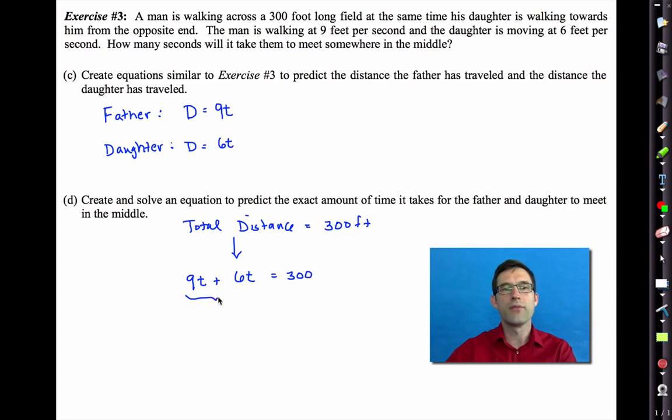If you remember a little bit from 8th grade math, 9t plus 6t, we can combine what are known as like terms to get 15t. That will equal 300. And then we can pretty easily solve that by dividing both sides by 15. And what we find is that it will take 20 seconds for them to meet in the middle.